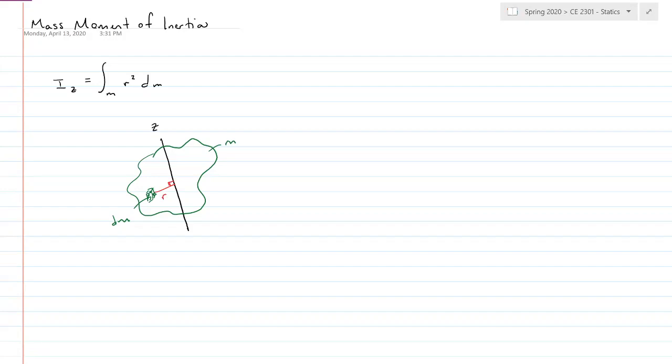Hopefully this looks very familiar to second moment of area, which is inertia. So instead of doing area and a centroid, we're going to be doing mass and its mass center.